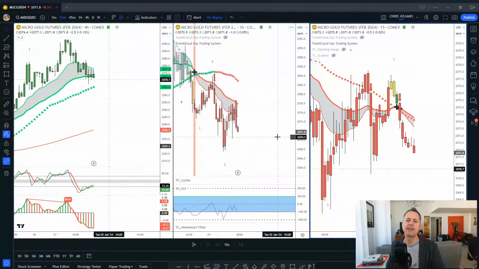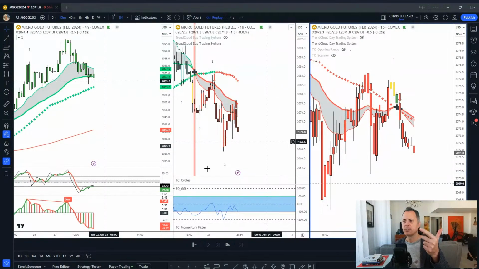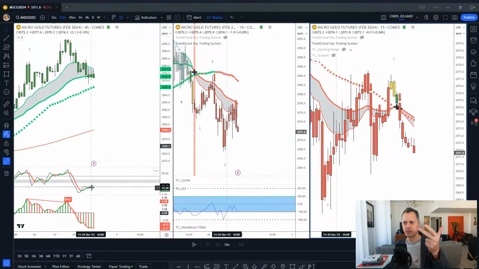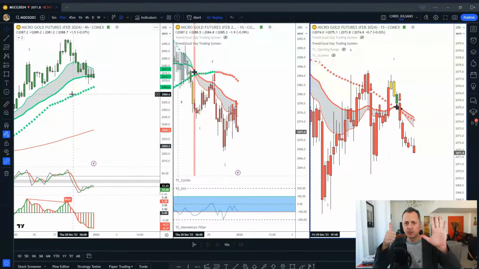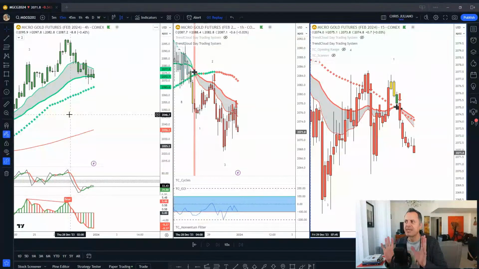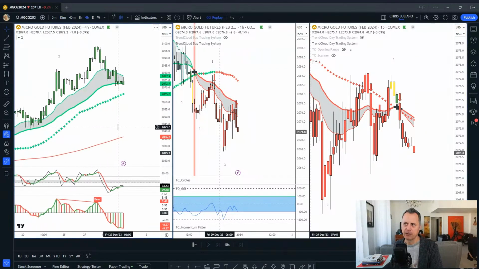We have to look at those 6 elements: trend, momentum, cycles across multiple time frames. You have to look at your support and resistance levels and your supply and demand zones. Those are the 6 elements, but it's all combined into TrendCloud so that it color coordinates everything.